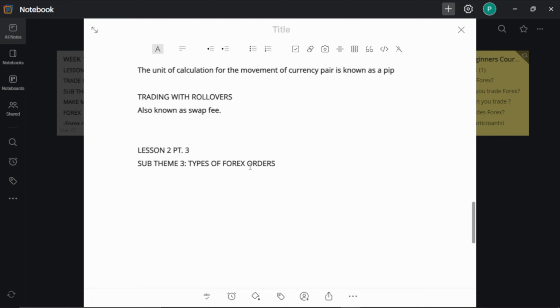Types of Forex orders. Now you must understand that just like you go into a regular store, and I started the course by giving an analogy that Forex is quite similar to what you do in everyday buying and selling in regular stores, just as you go into regular stores to place an order, you have some orders which are very instant and immediate.